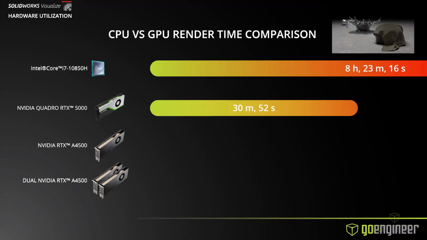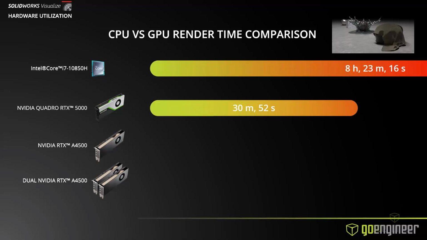And you can see that even with the last generation NVIDIA GPU, 30 minutes is a lot more manageable than 8 hours to render a single image. In fact, I can render out multiple images throughout the day while I'm at work, and even do this while I'm in a meeting and come back right after the meeting, and it's more than likely going to be done.